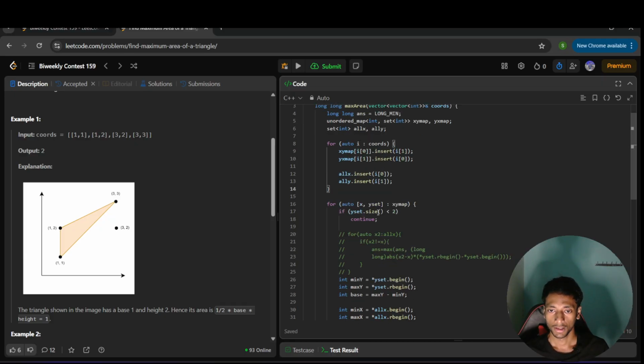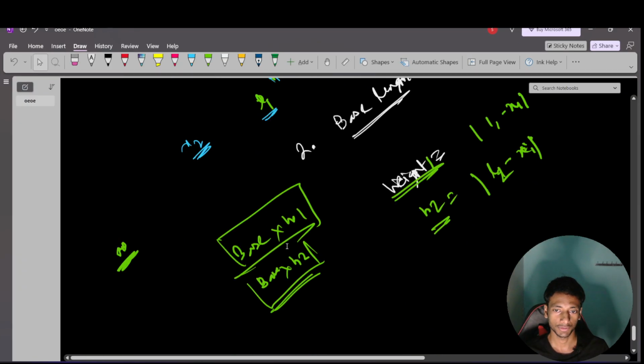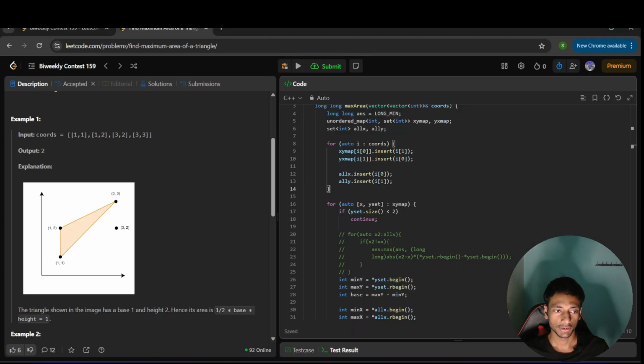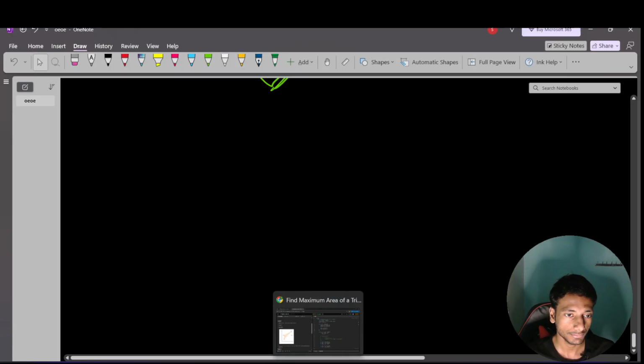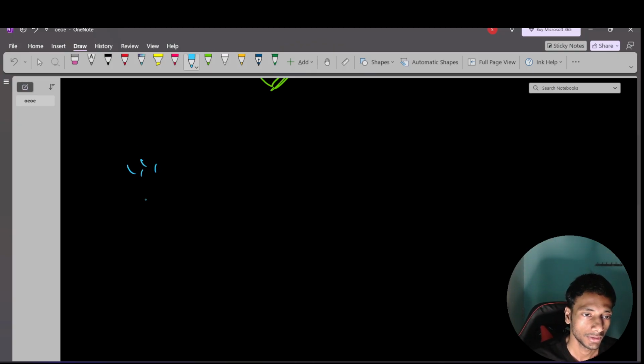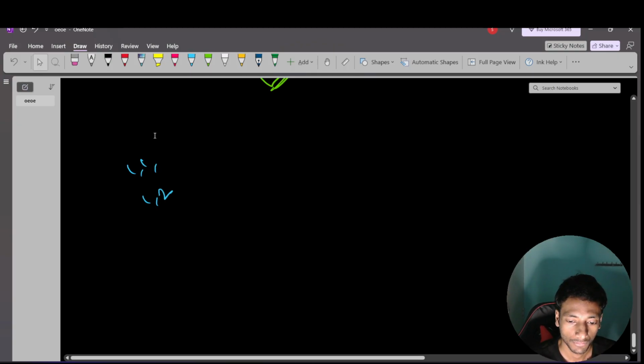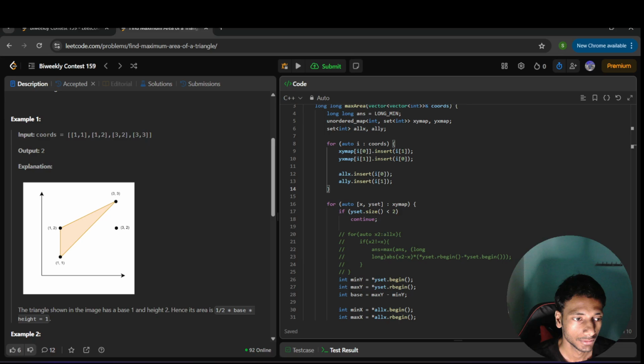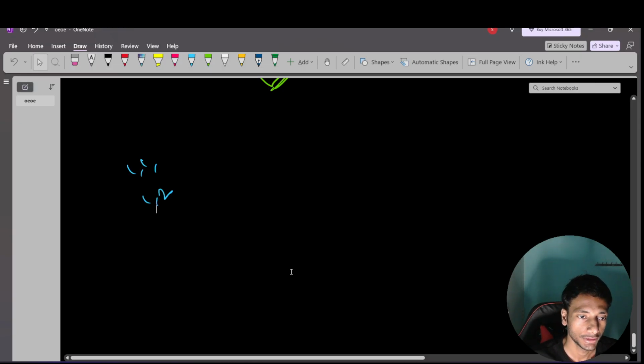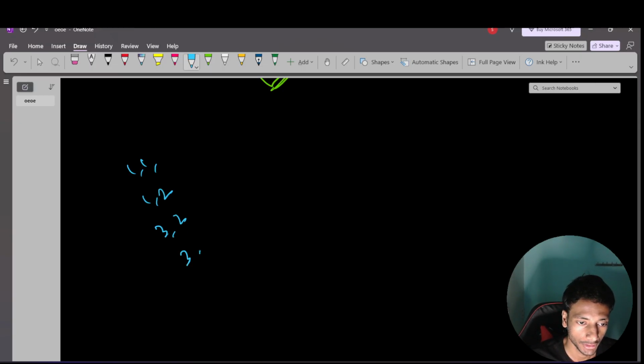Got it? So after this, what will our actual data structure look like? Suppose the points are 1 1, 1 2, 3 2, 3 3.